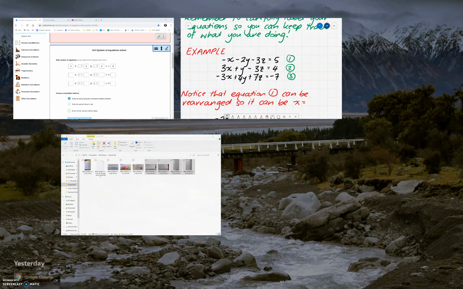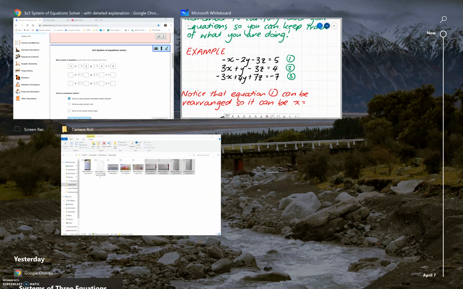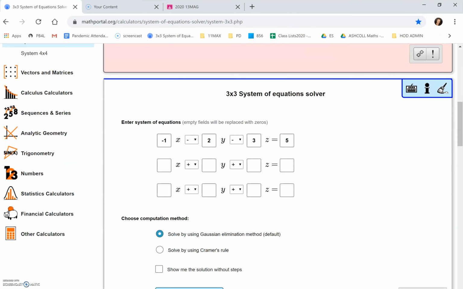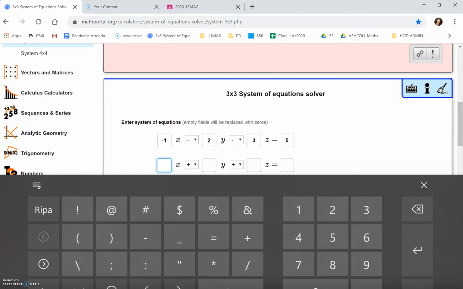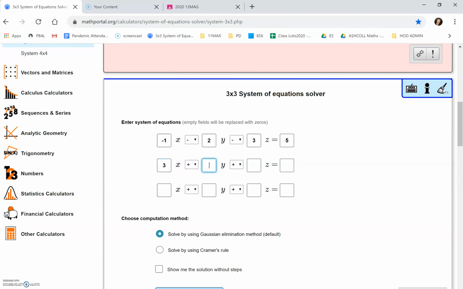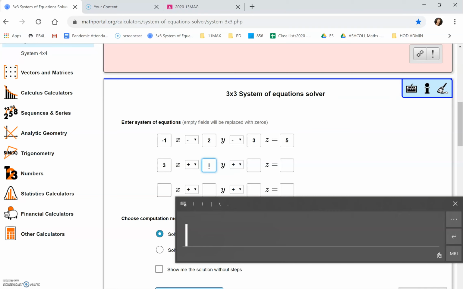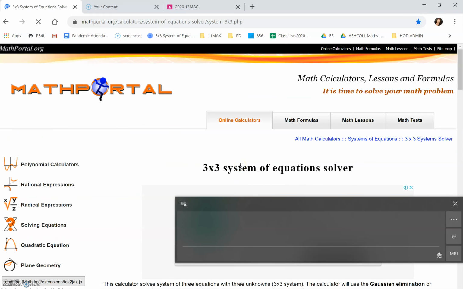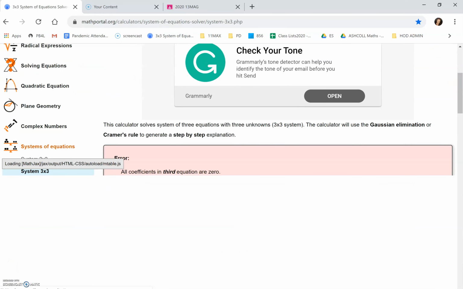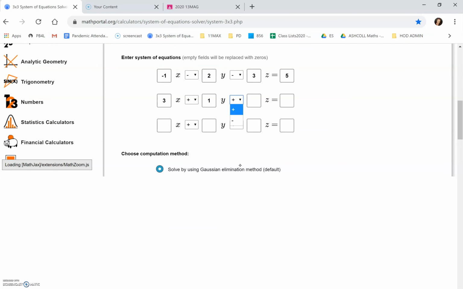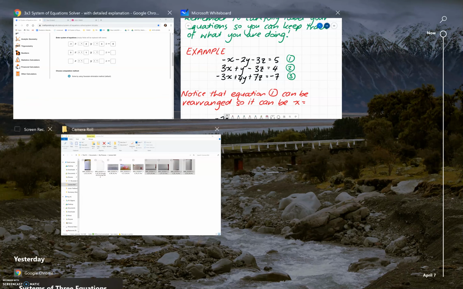So for the next one, our coefficients are 3, 1, negative 3, and 4. So 3, 1, negative 3, and 4.